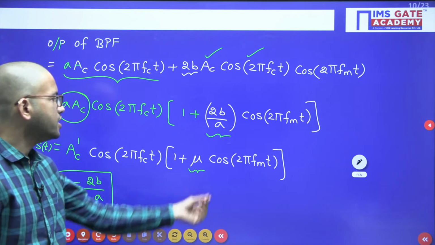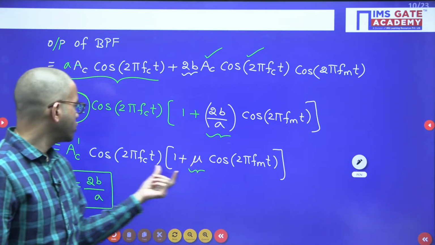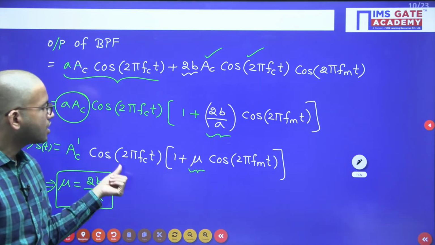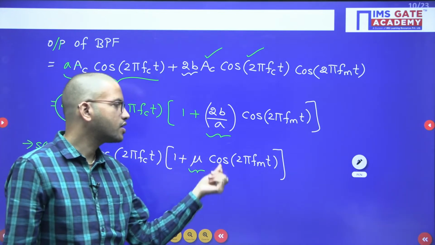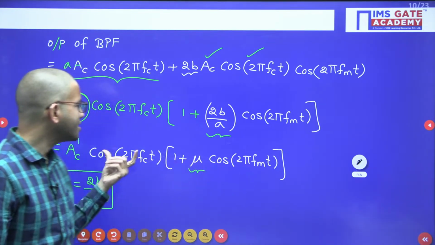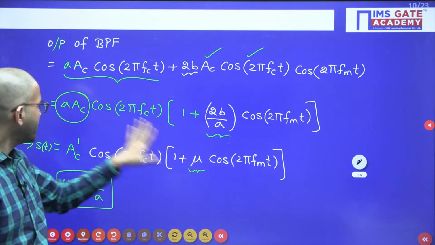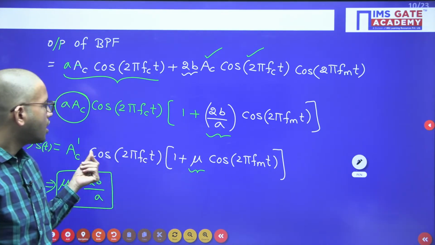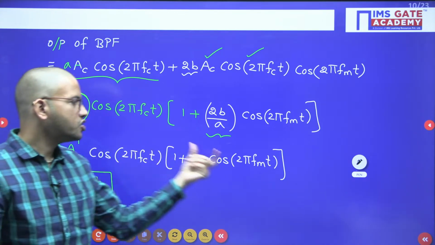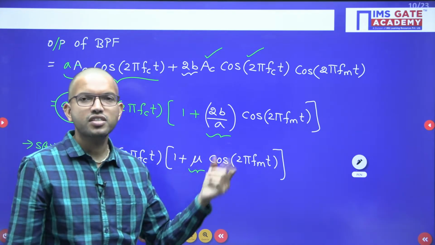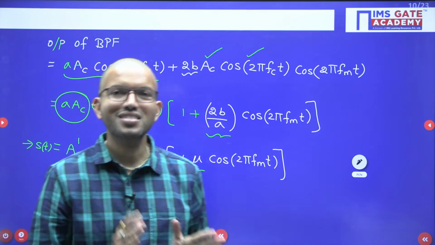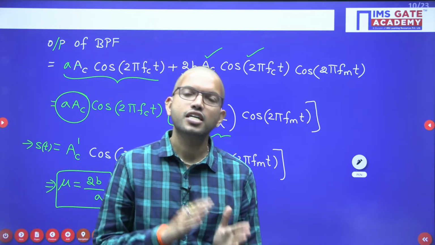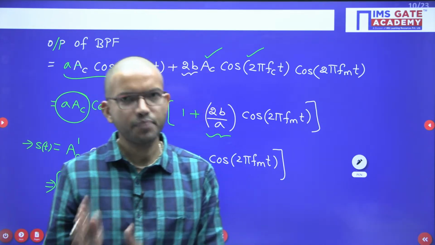Yes, obviously, here you get Ac cos 2 pi fc t into mu cos 2 pi fm t. Forget about the scaling factor mu Ac; you get cos 2 pi fc t into cos 2 pi fm t. That is simply the multiplication of message signal and carrier signal, which is nothing but double sideband suppressed carrier.